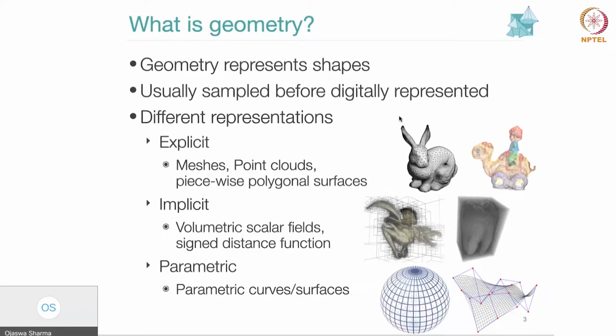So think about the Fourier representation, right? In the frequency domain, you might remember that there is the DC component of any signal, and then there are the higher frequencies that add detail to the signal, right? Similarly, here you could assume that you have the overall shape of the bunny that may look like an ellipsoid, and then you add more and more detail on the surface of the bunny, and those are high frequency details, right?